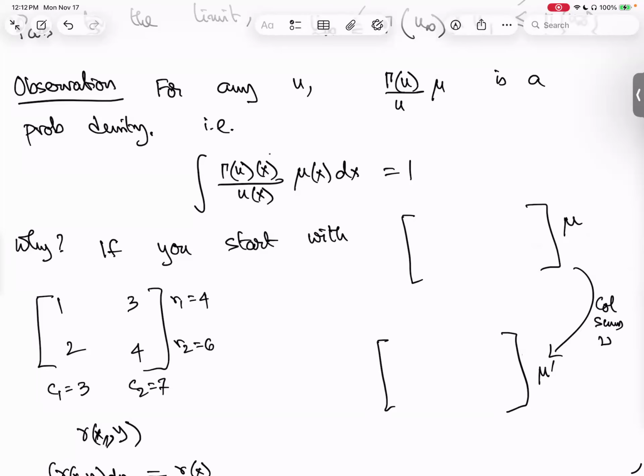Well, it's exactly this guy: gamma of u over u times mu, where u is whatever the entry was at this point. So this would be like e to the power minus 1 over something, and then this would be u of x. This is a calculation that you have to do to check that this must be true. By definition, for any u, gamma of u over u times mu always has integral 1.